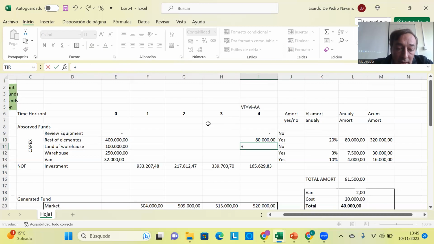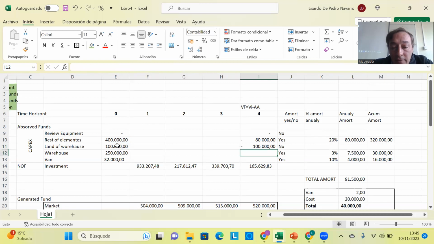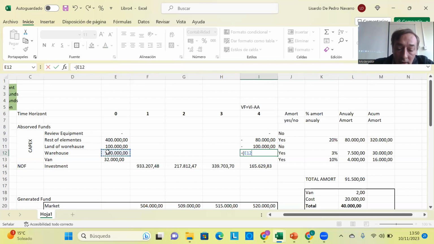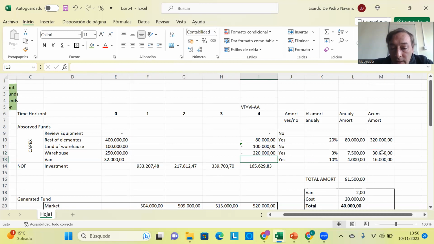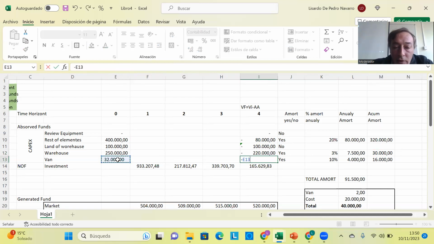The land, as we don't have any additional information, is going to be the same one. The warehouse is going to be the original value less the amortization of these 4 years. And the vans are going to be the original value in this project, less the amortization during the period of the project.